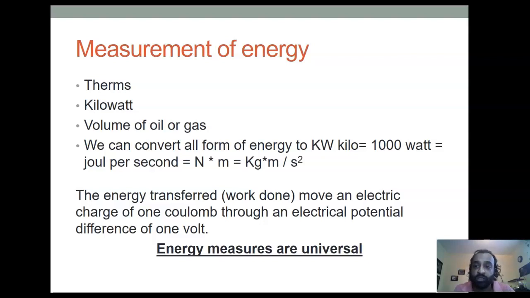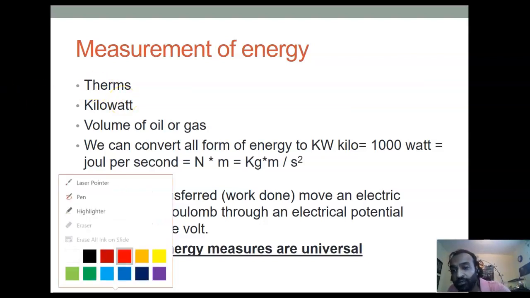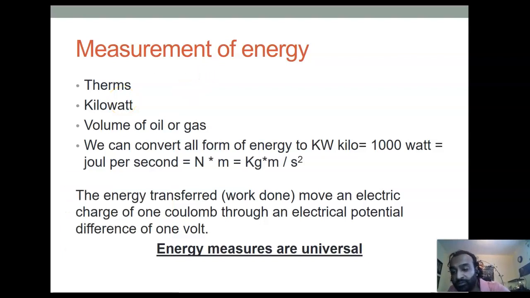So we have therms, we have kilowatts, which is very common. You can see volume of oil or gas, which is again a stored energy.